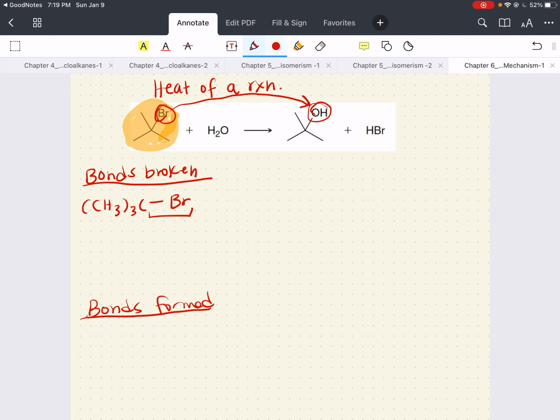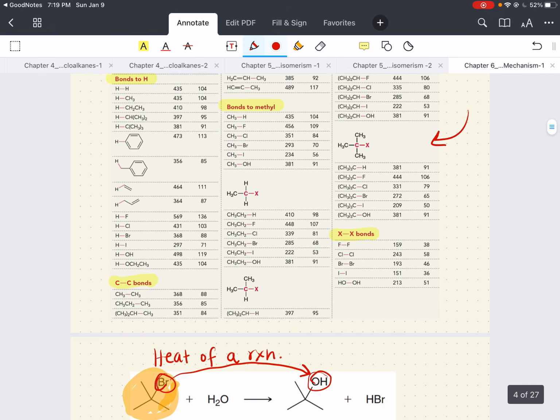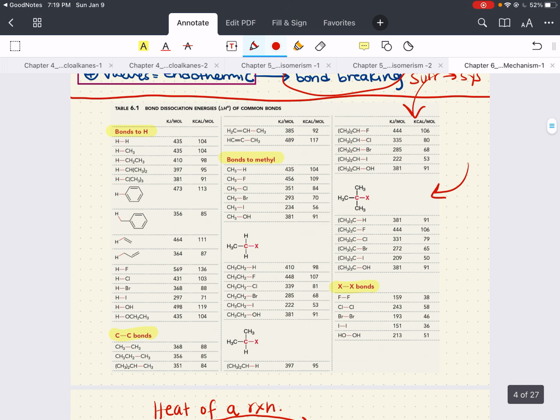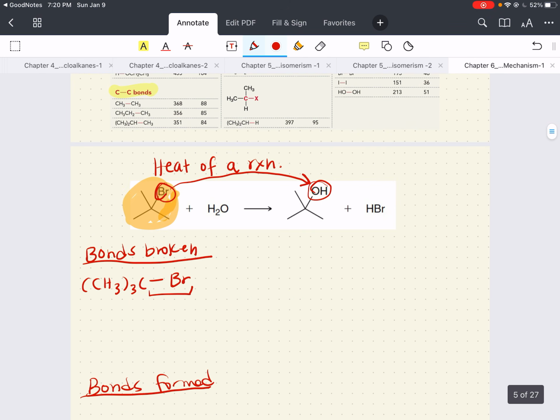This is being broken. Now, if you look at your table, the value for that bond is going to be, let me see if I can find it on here. Where is it? It should be 272 right here. Look at that. So we're going to write that 272 kilojoules per mole.